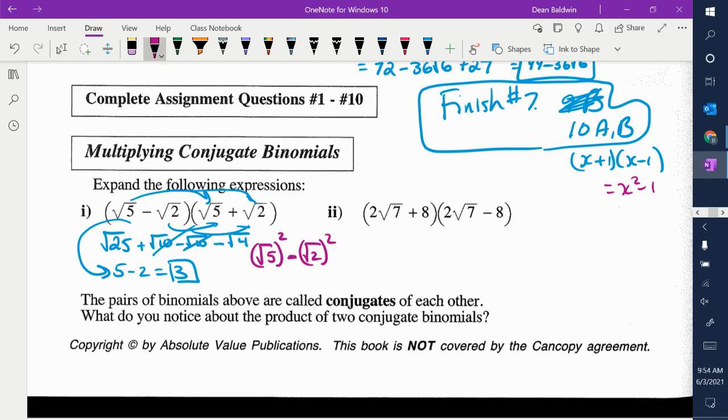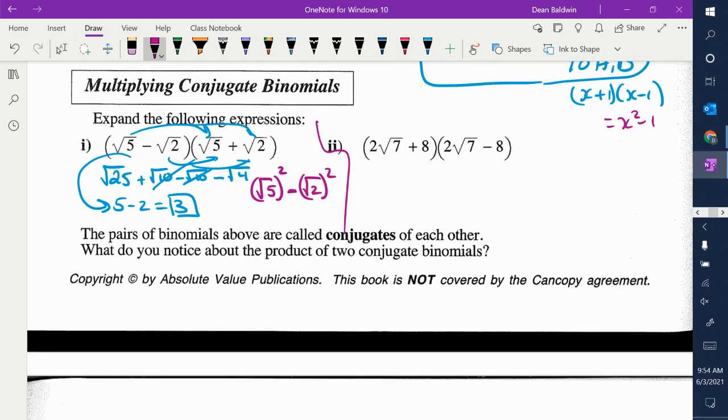Okay? So let's look at the next one here. 2 root 7 plus 8, 2 root 7 minus 8. Are these conjugates? Yes. So if they're conjugates, here's the formula. I'll write it down here. A plus B times A minus B is equal to A squared minus B squared.